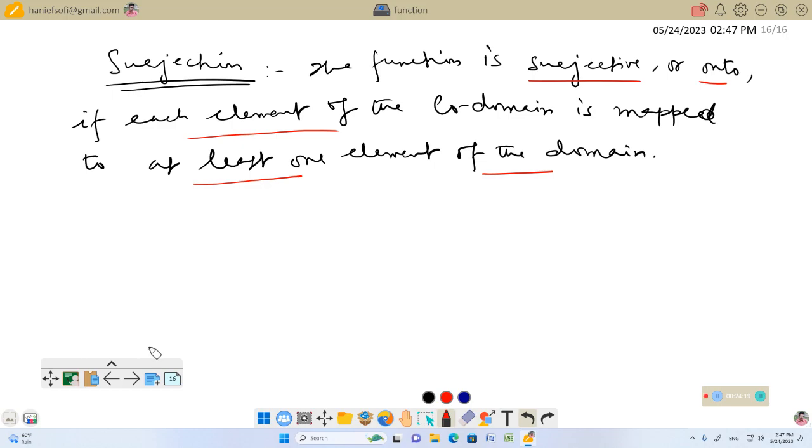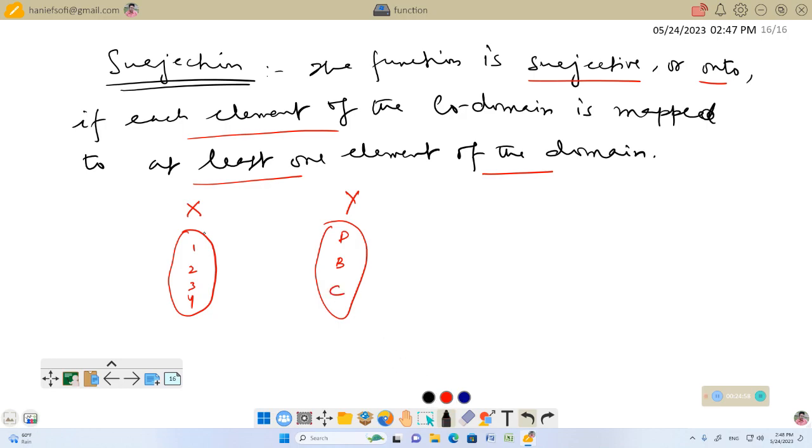So if there is a function this way, I have set X, I have set Y, and there are members 1, 2, 3, and 4. It has 4 elements, and then there are D, B, and C, for example.